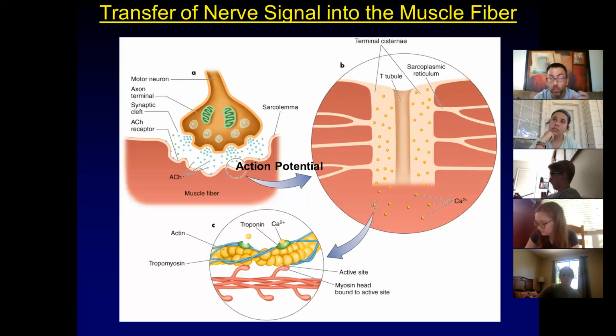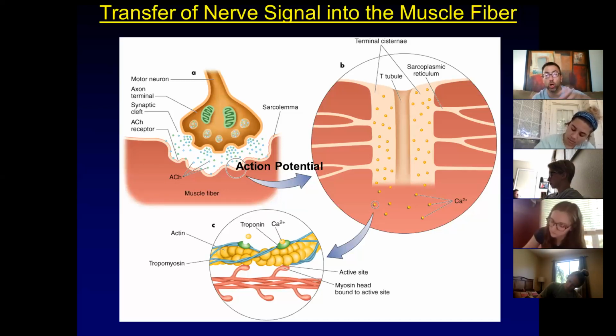But the system is set up this way so we can have fast transmission of signals with action potentials, and we can also have very clear ways to turn things on and then turn things back off. At the neuromuscular junction, as soon as you release acetylcholine and you get one set of action potentials generated in the muscle, that acetylcholine is going to be broken off of its receptor.